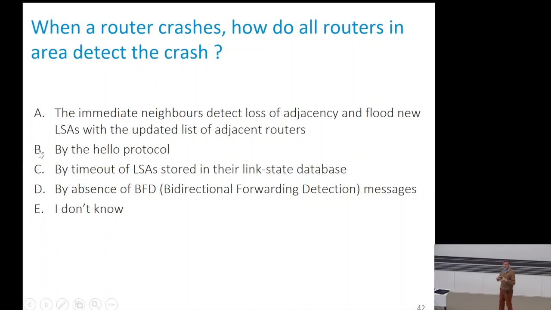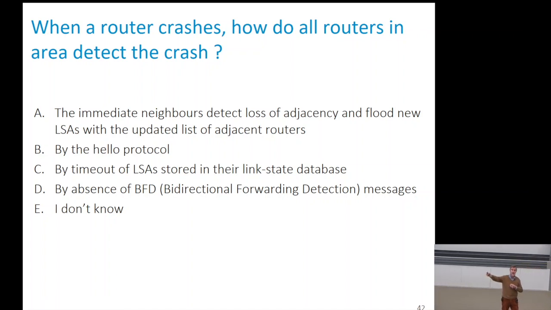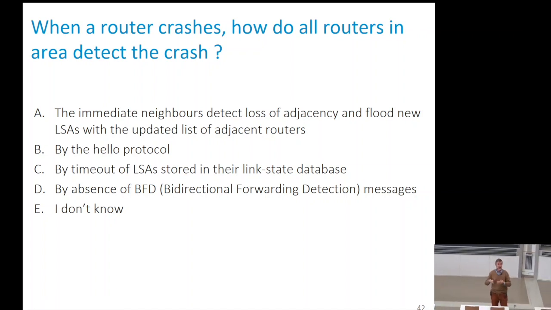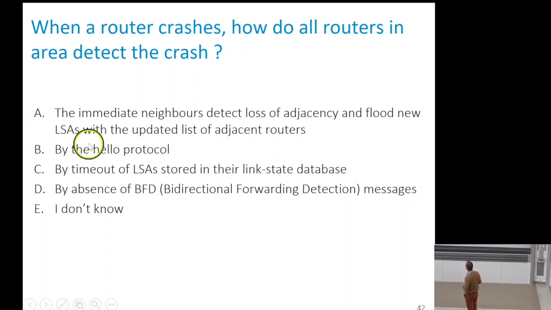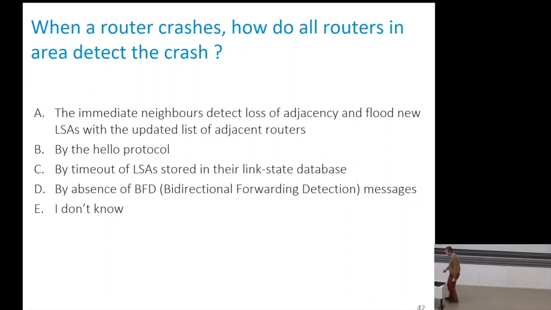The hello protocol allows a router to know that the neighbors are dead, but if a remote node is dead, it will learn it indirectly via the gossiping protocol, which is answer A. There is a timeout also in LSAs, so this could also, in rare cases, be the way by which you detect the loss of a node because the information sent by this node has not been refreshed. But in principle, it's more likely that A will give you the information first.